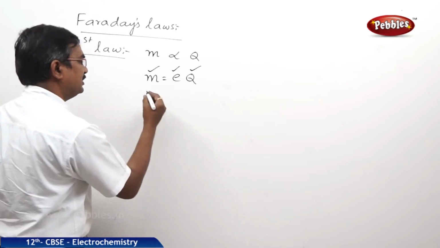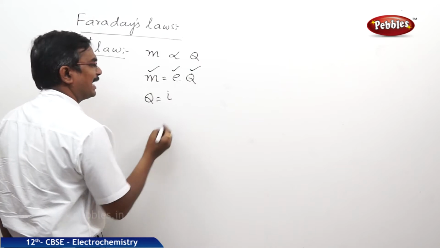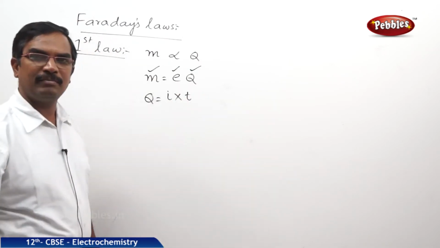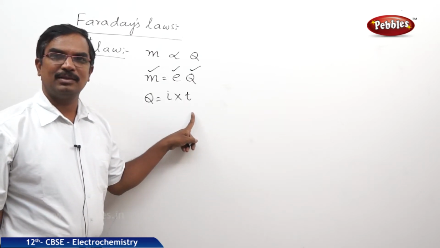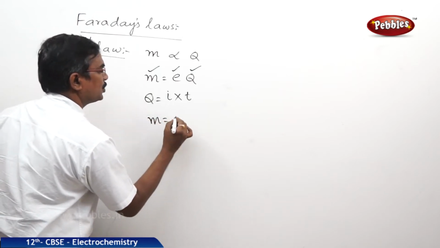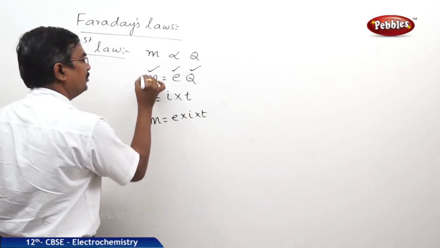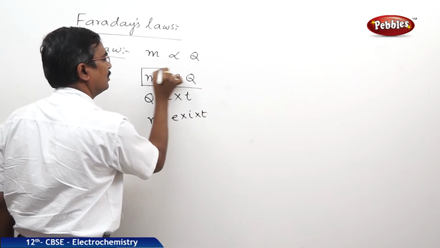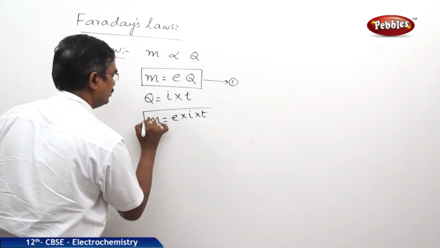In general, Q is the product of current and time t, with current in amperes and time in seconds. If you replace this, we get the expression M equals e into I into t. We make this equation 1 just for our convenience. We make this equation 2.